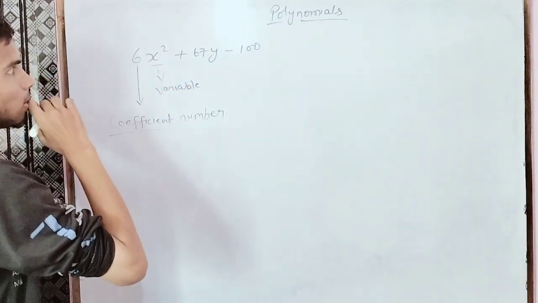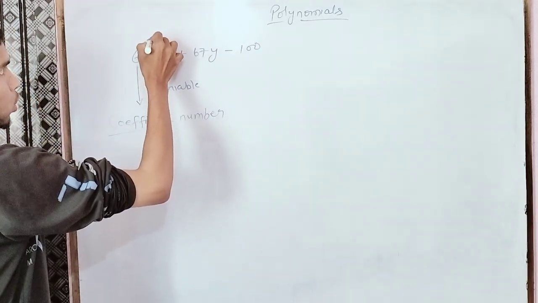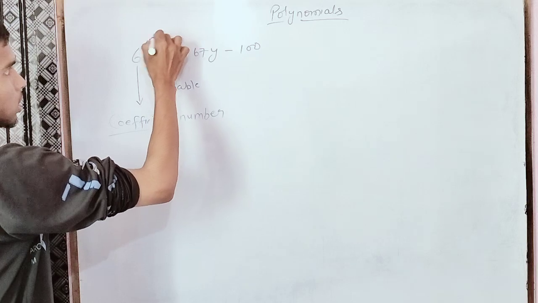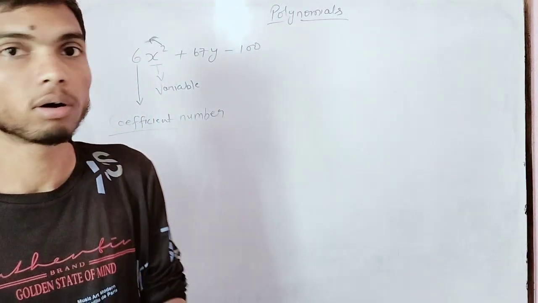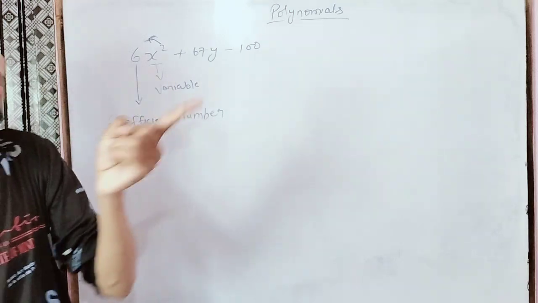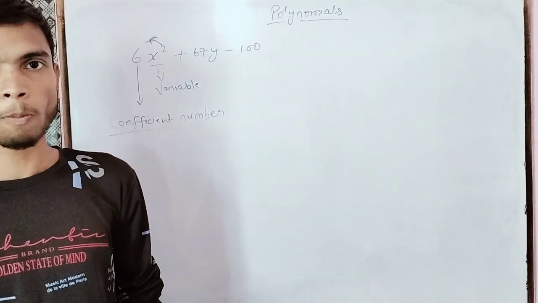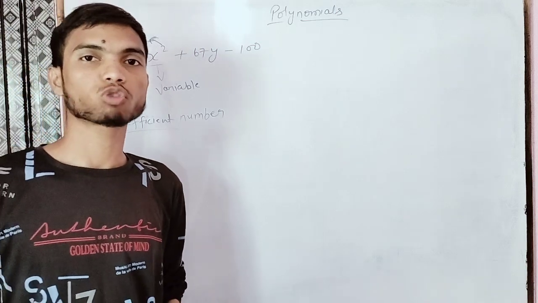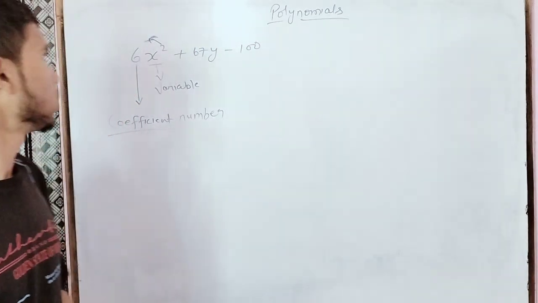Now here, this 2 is not a coefficient. This 2 is a square of x. When it comes to squares, a power is just an exponent.